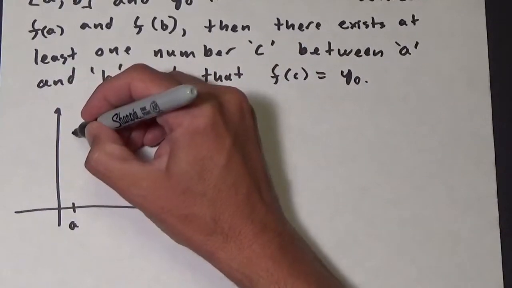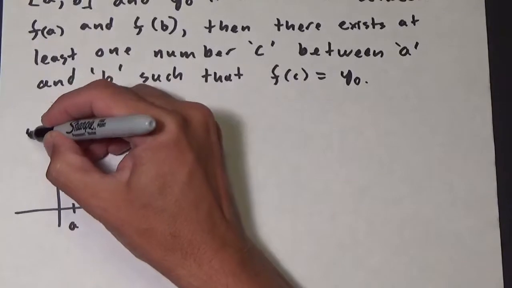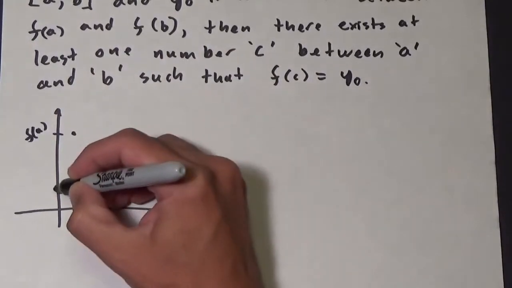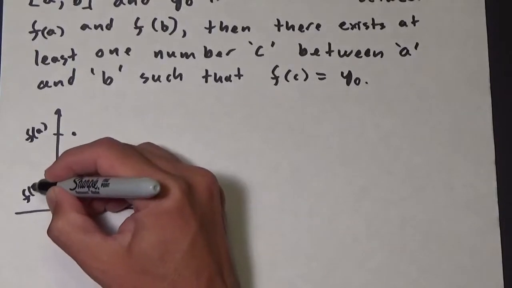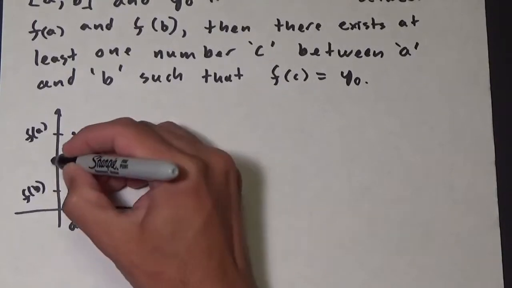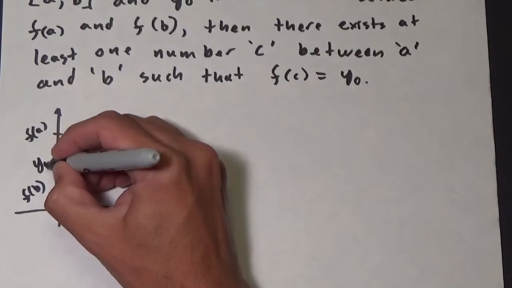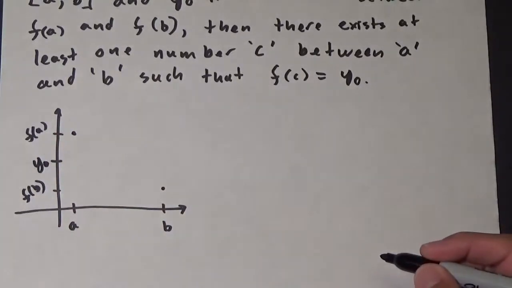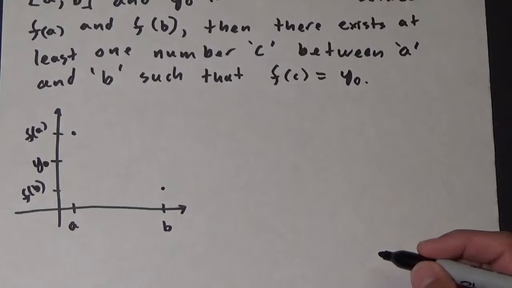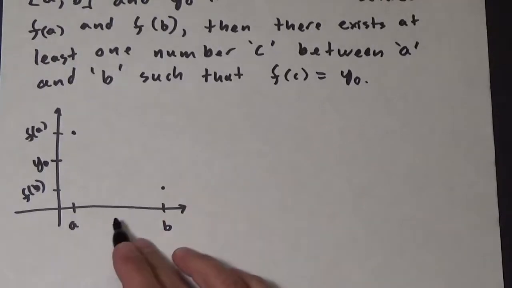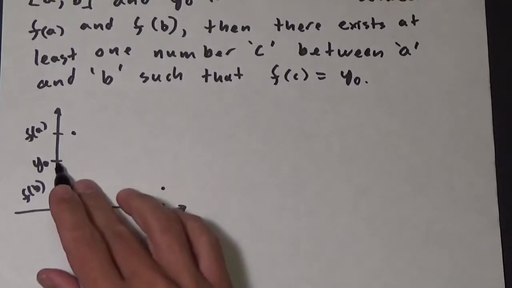So let's say up here is f of a, and down here is f of b, and then right here is our y sub naught. Then there exists at least one number c between a and b such that whatever this c is, we put into the function, it equals y sub naught.